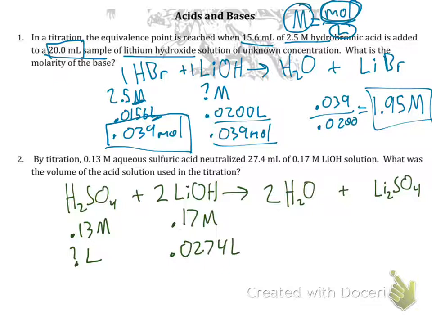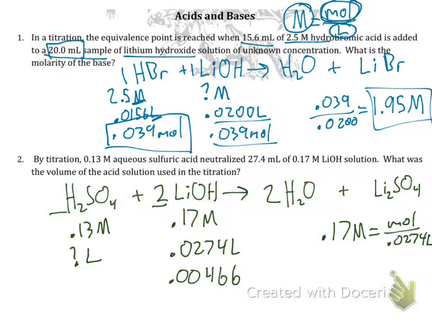Now we can use our molarity equation to figure out how many moles of lithium hydroxide there are. And then what we can do is, since this is a 2-to-1 ratio, we can go from moles of lithium hydroxide to moles of sulfuric acid.